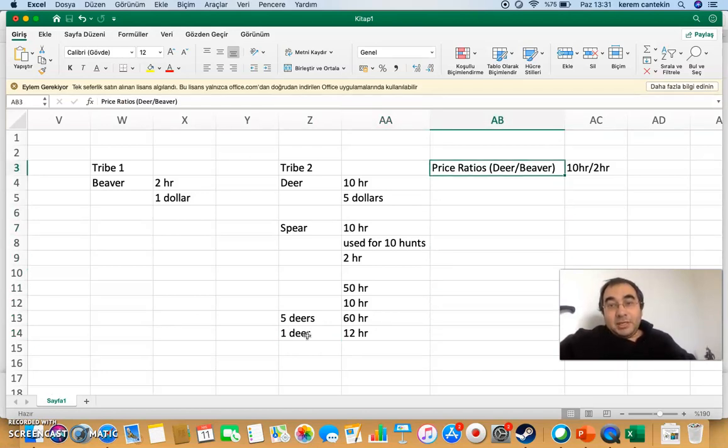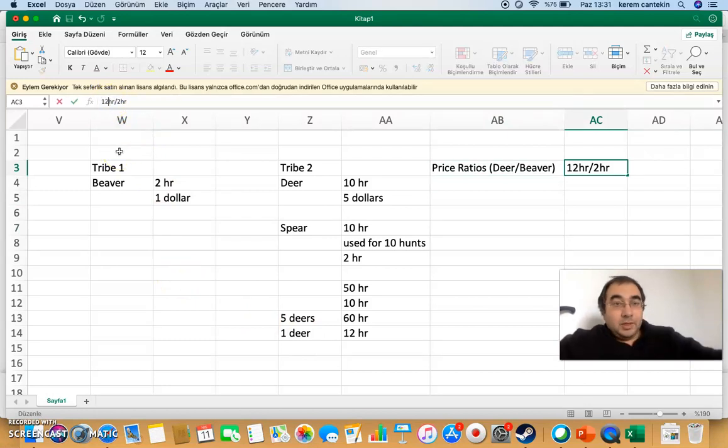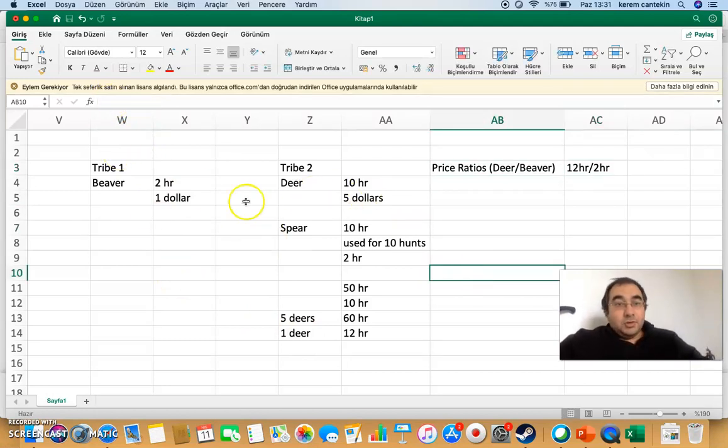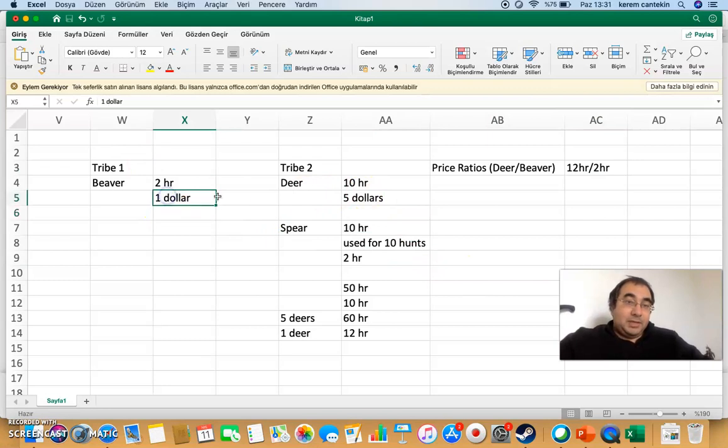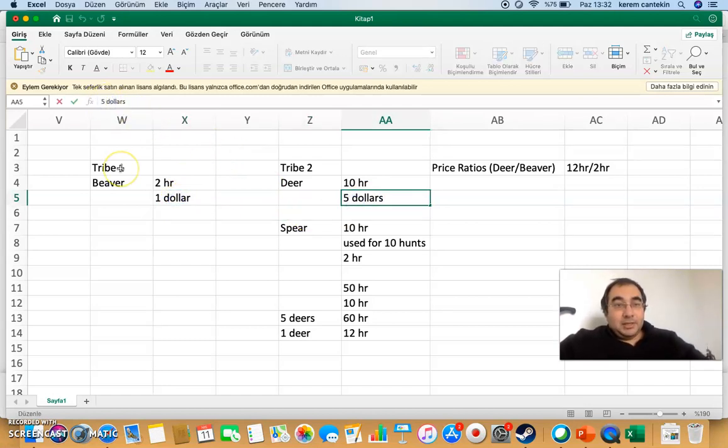So the price ratio should be 12 to 2, which is 6. So if one beaver is $1, then one deer will be $6.